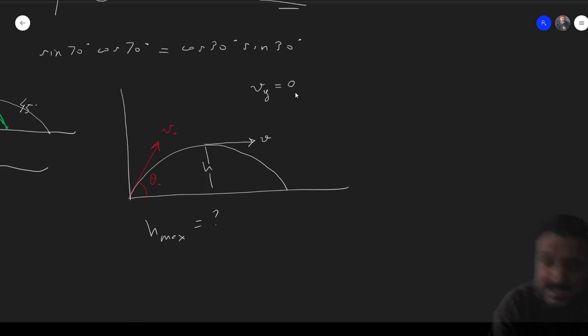And we can use that. So v final y, or vy, is equal to v initial y minus gt.